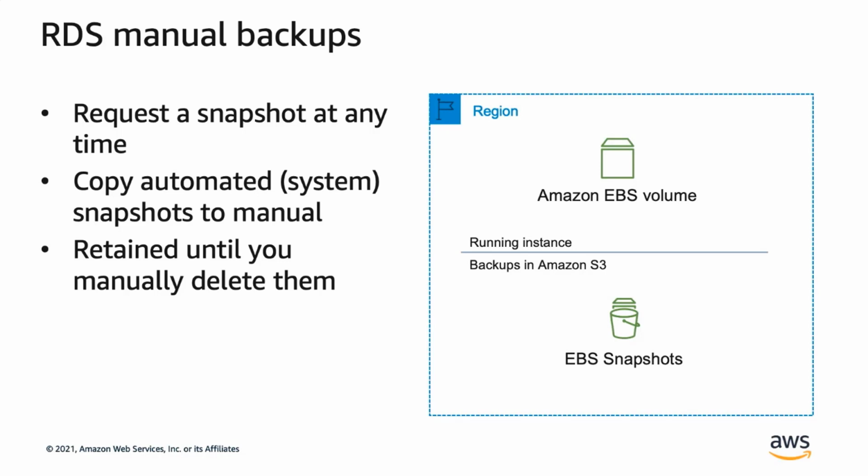And these manual backups will be retained until you manually delete them. And also you can convert your automated backups to manual backups by simply doing a copy API call on your AWS console.